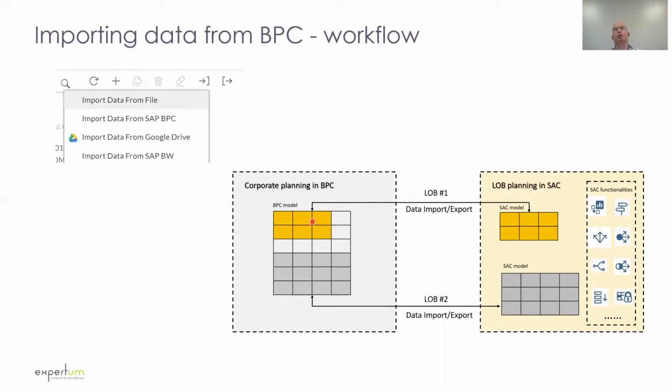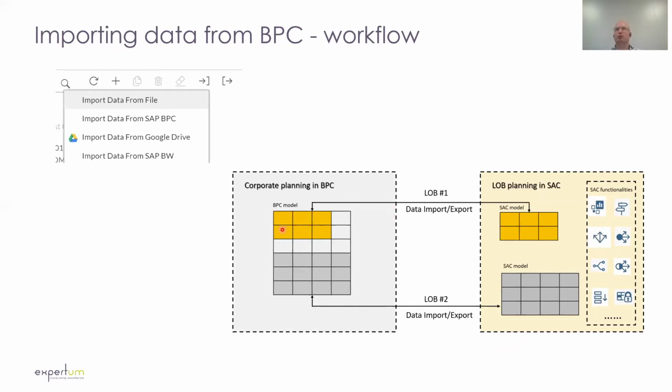And that model is loaded into SAC. On SAC, you have all the functionalities that you can think of. So you have smart insights, version management, allocations, driver trees, data actions, logging of data, and you can use all this in your dashboard or in your planning dashboard.